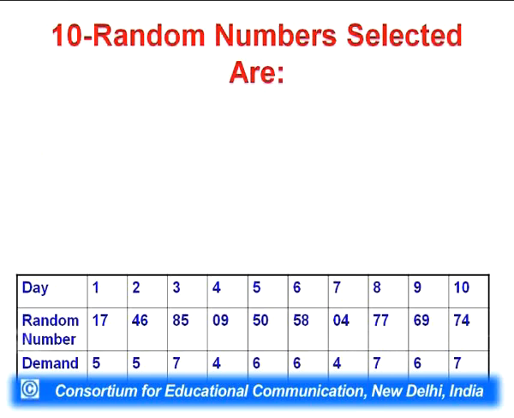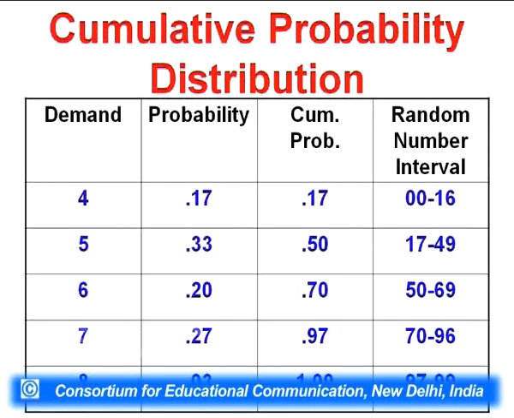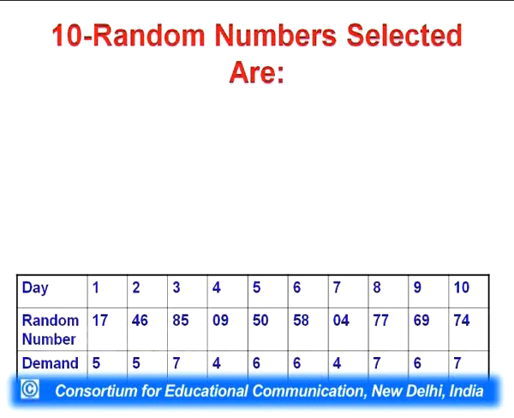We'll go to the previous table. Look at this table and see in which interval the random number 9 lies. This is the first interval, 0 to 16. 9 is part of this interval, and against this the demand is only 4. So we'll have 4 bricks, and we'll write it on the 4th day.